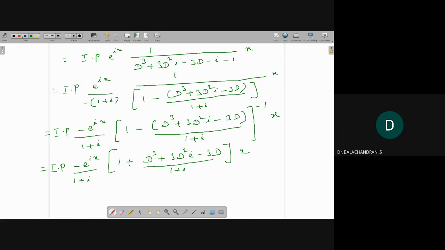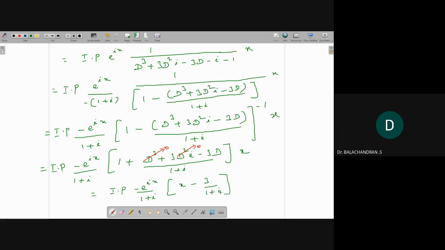So again here d cube of x is 0, d square of x is 0, so remaining have only d only. So this is equal to imaginary part of minus e power ix by 1 plus I into 1 into x, okay, x, and minus 3 into differentiation of x is 1 plus I.